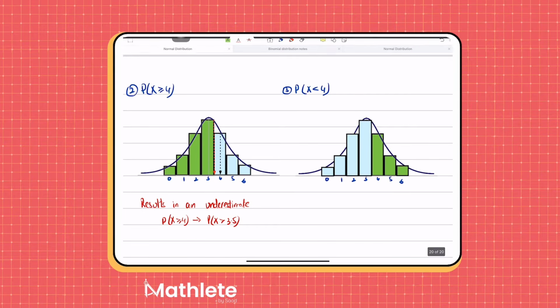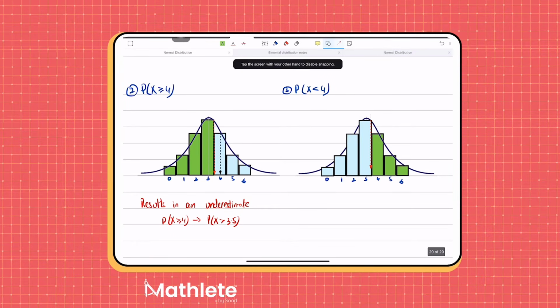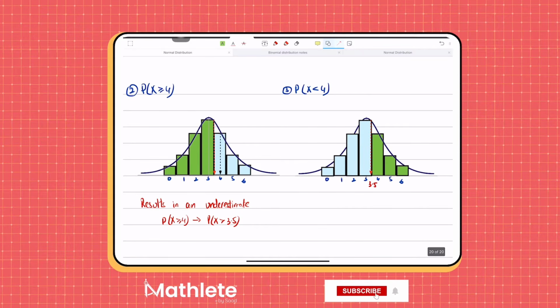Now, as per the normal distribution, where do these values start from? As per the normal distribution, they actually start from here. That means they are starting from 3.5. Now what if we didn't convert? What if we let it be as it is? Then once again, here's what would have happened.